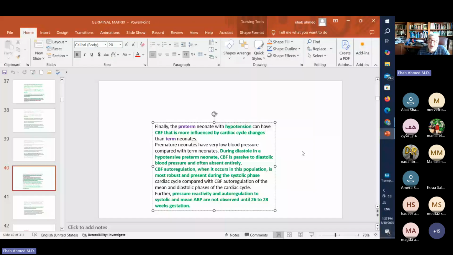Meaning, if you have a baby with hypotension, the cerebral blood flow during diastole is almost zero. During systole, this is where the cerebral blood flow occurs. So systolic blood pressure is extremely important in maintaining cerebral blood flow in the preterm babies. Okay?